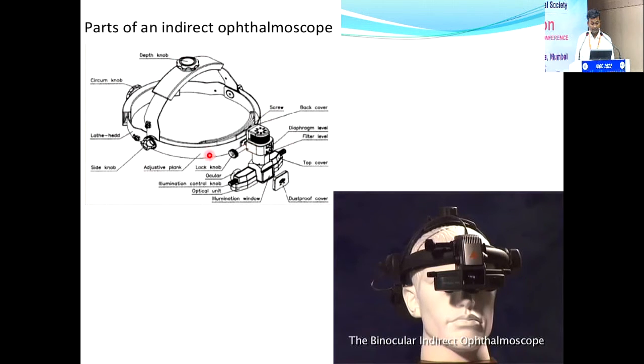This whole thing is the headband, which has knobs on the top and on the sides, so that you can adjust the size according to your head.